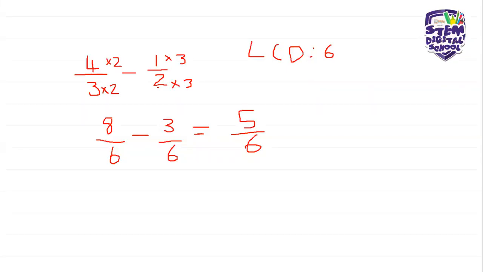This is a situation whereby now the denominators are not the same and we cannot add or subtract with denominators that are different. Remember that you only add and subtract fractions that are from the same family. So we need to make them come from the same family, right?